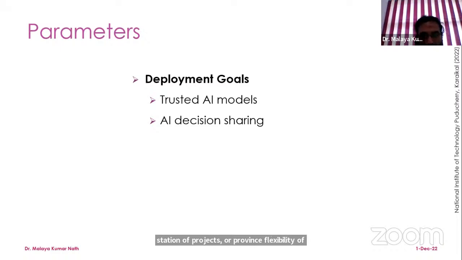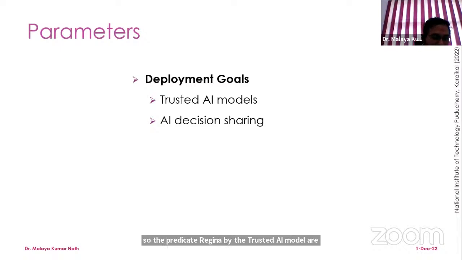So the main goals are trusted AI models and AI decision sharing. What are trusted AI models? Basically, blockchain assists in establishing data provenance of the deep learning models used by various industries for data classification as well as predictions. So the predicted results by the trusted AI models are highly reliable as well as correct.